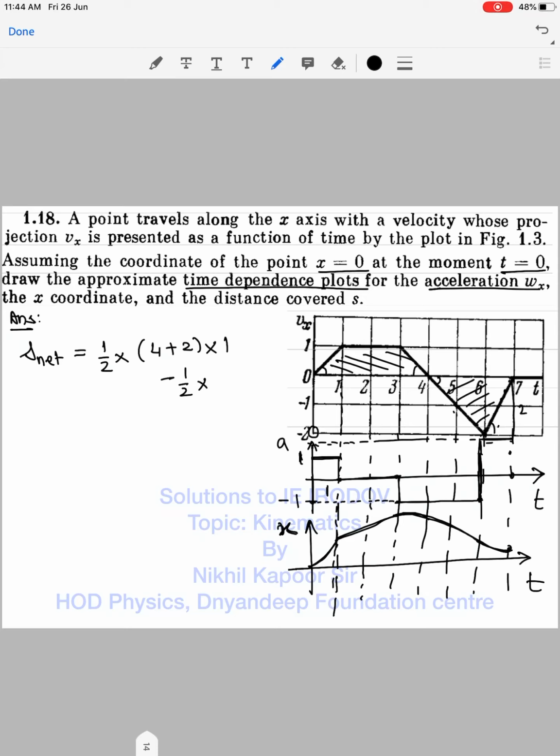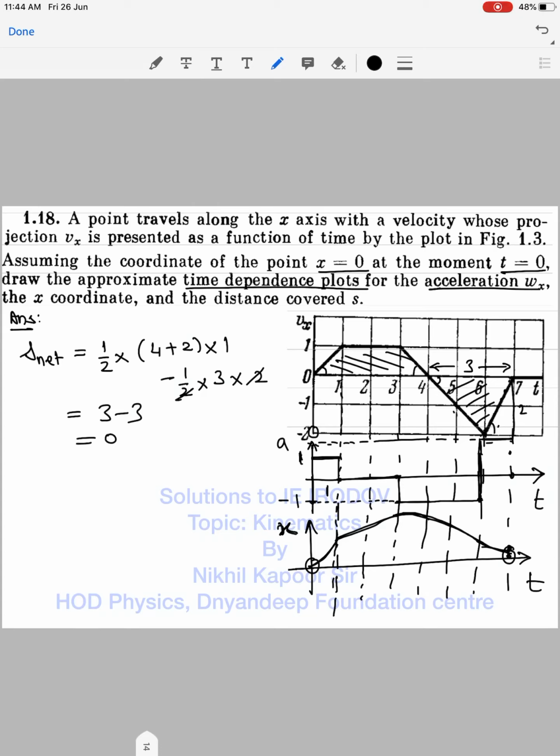Then the area of this triangle I will subtract: half into base. This base is 3 into height, which is 2. So this 2 gets cancelled, and you will see this 4 plus 2 is 6. So 3 minus 3 is 0. As the final displacement is 0, it means the initial x coordinate and the final x coordinate are both 0.